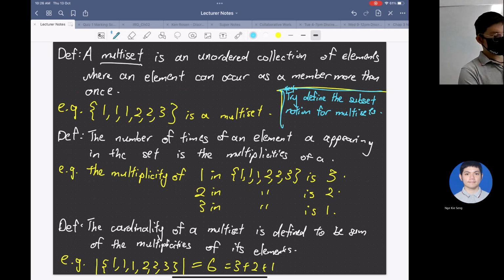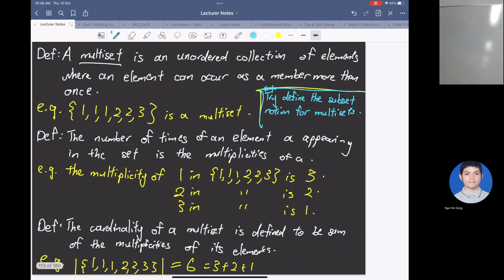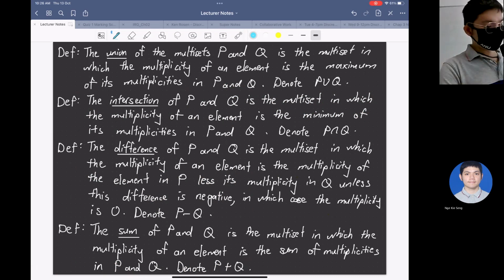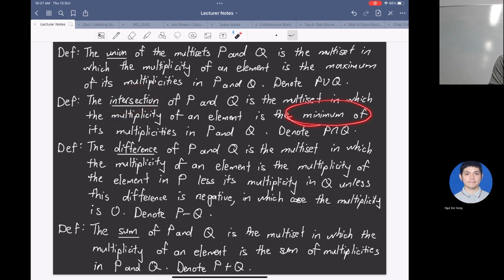It's similar, but the union here is a bit different. If you want to consider the union of the multiset, you need to consider the maximum of the multiplicities that the element appearing in P and Q. And intersection, you need to consider the minimum of the multiplicity of the element appearing in the two sets.